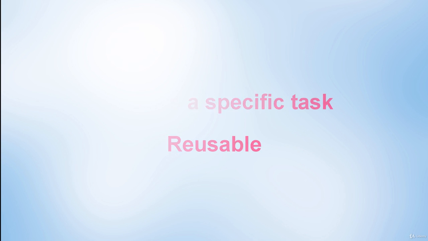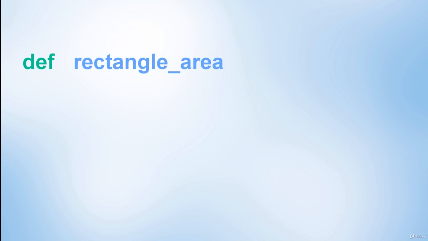How do we define a function? Simple. To define a function, start with the def keyword. As in, we're defining a function. We're declaring a function definition. Then comes the function name. I want to define a function that calculates the area of a rectangle, so I'll call it rectangle area.